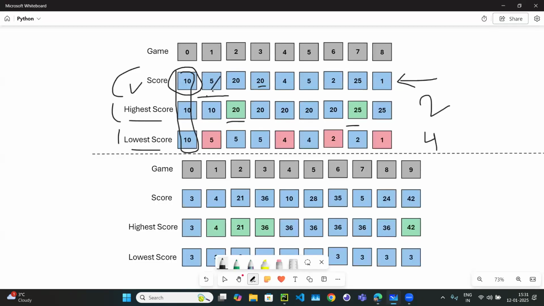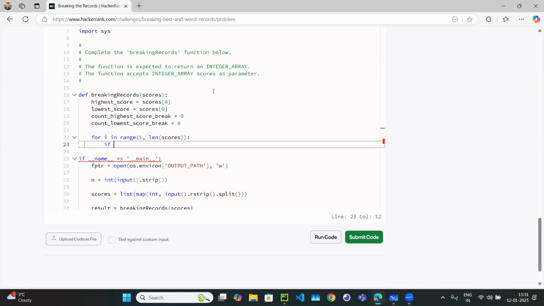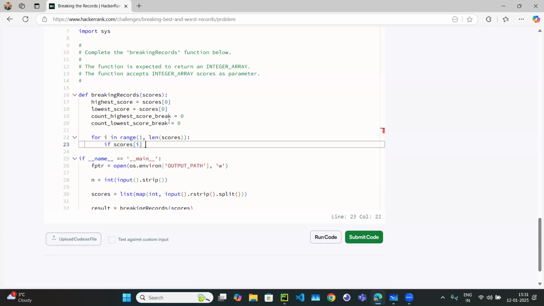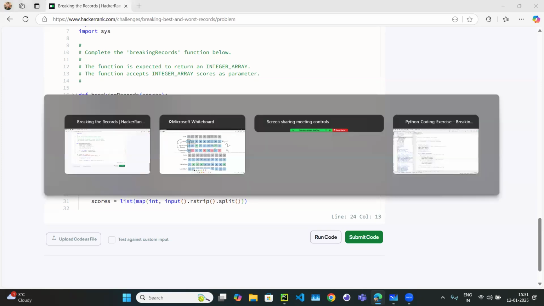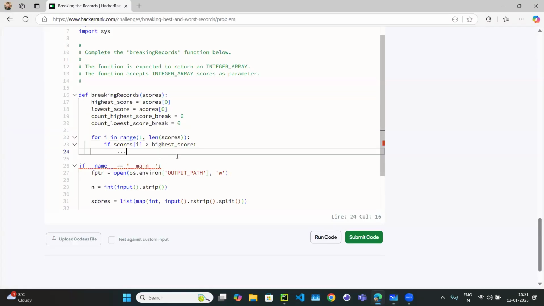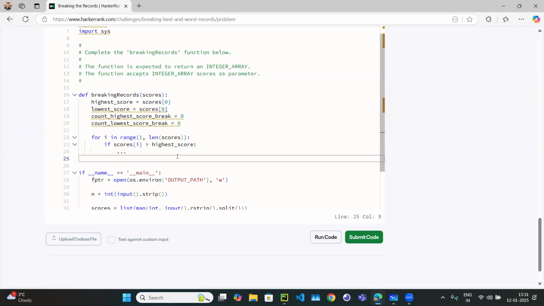Okay, so we are going to start. Now we have the 5. If scores at position i, which is 5, is greater than the highest score. Is it greater than the highest score? No. So ignore that.